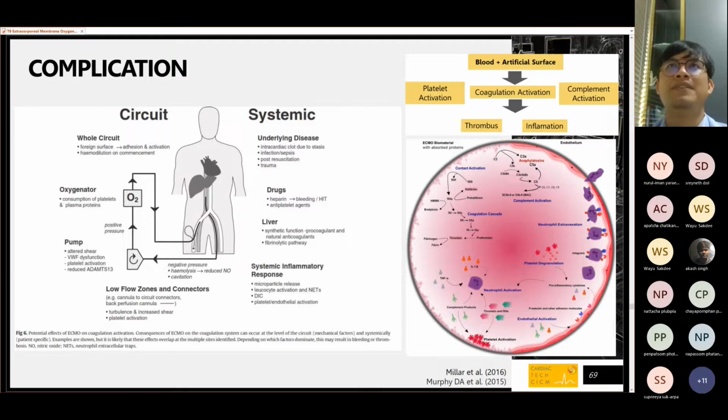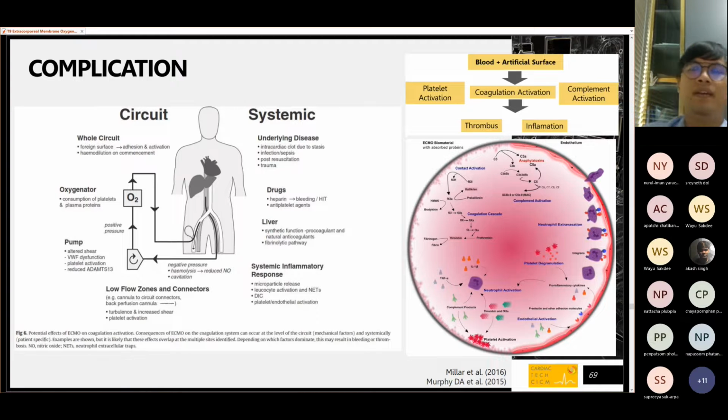Firstly, I would like to focus on the systemic and hematologic effects from the ECMO, because now we have the artificial circuits and the artificial surface, right? As with a CPB circuit, it can activate the three main systems.